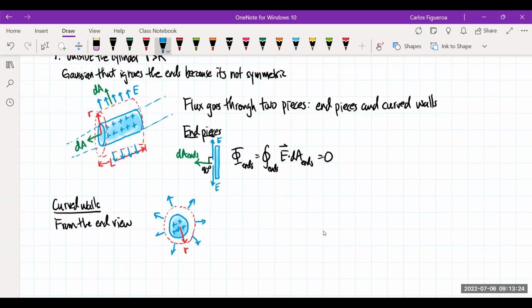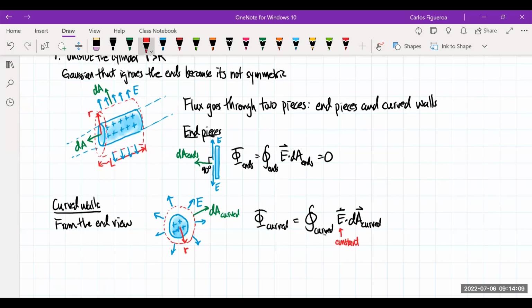So that means the field is diverging at that point. So now I look at the field there, and now what you're seeing is that the area vector of the curved walls is parallel to the electric field. So when I now look at the flux here, you're seeing that the flux of the curved walls now is going to be like this. I'm going to have E dot dA, but now the area has to be of the curved walls. So when I look at this thing, now I can see here is that this is a constant.